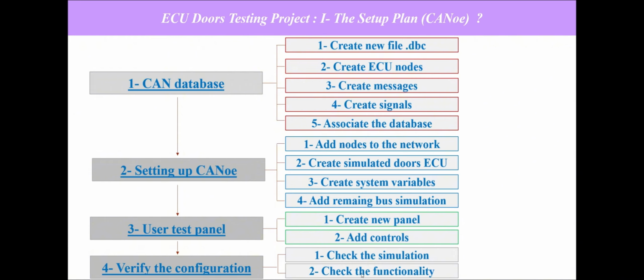It's like some checks about the functioning of our communication. Okay, so this is what we have as steps to set up your Canoe. Okay, we have 4 steps: create database, setting up Canoe, user test panel, and verify the configuration.